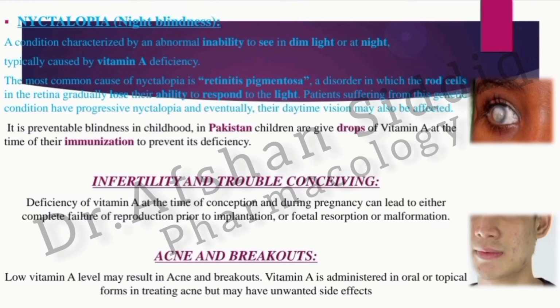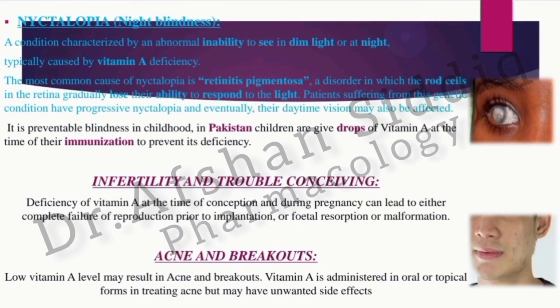The patient suffers from a genetic problem in the retina, gradually losing their ability, and this condition is progressive towards nyctalopia, and eventually daytime vision can also be affected.